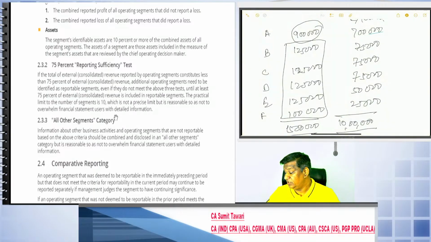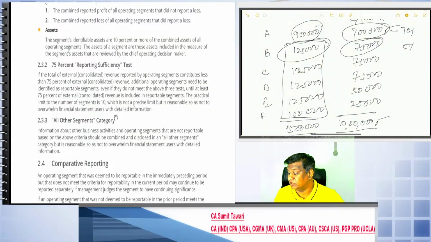These are the external. If I consider only this reportable segment, it is basically 70%. So comparing the external revenue, I need to bring it to 75%, so I need to evaluate. Additional 5%, so additional 50,000, at least one more segment I need to consider so that it will be 75%. This and this will constitute the 75% of the 10 lakh. So this way we need to evaluate.